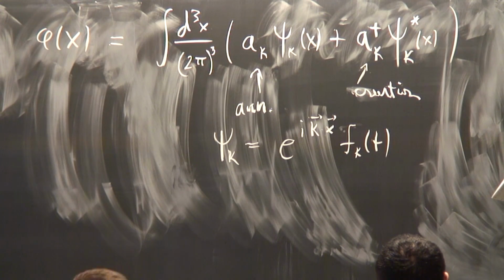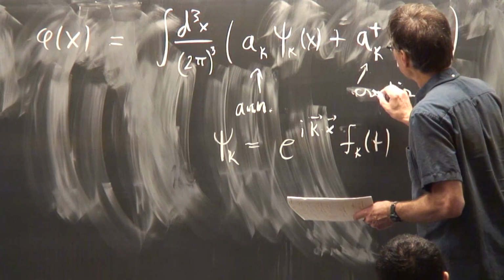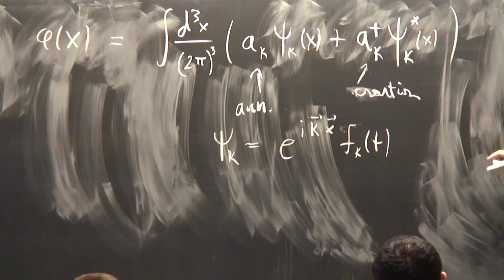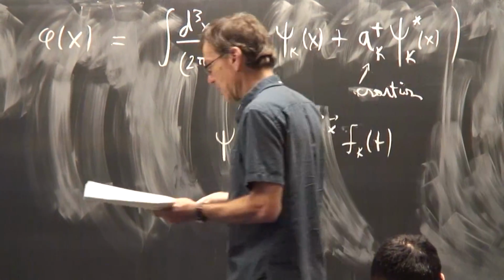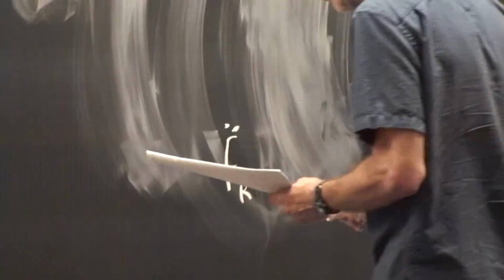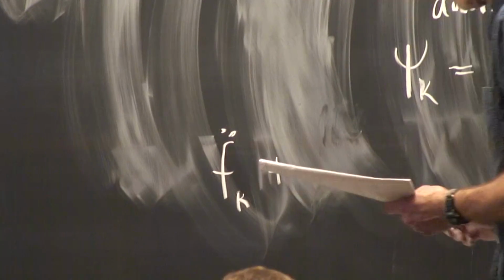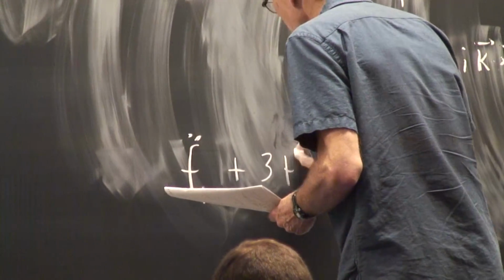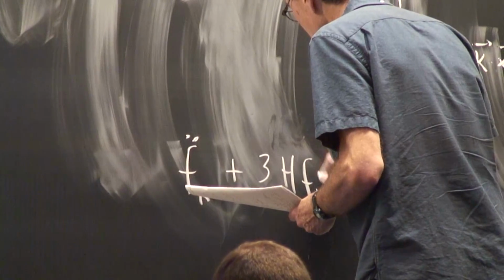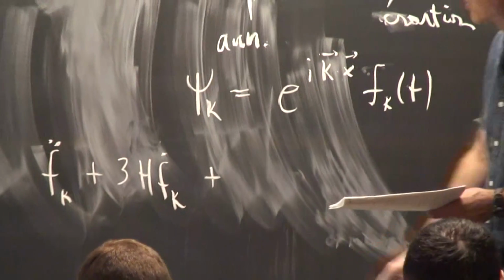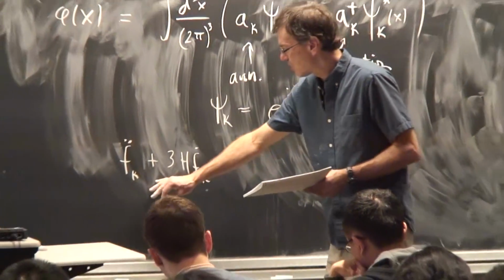This is also another exercise on my problem set, to work out the equation of motion. But I did most of it for you. The only thing that wasn't there was the part due to the gradient term in the Klein-Gordon equation. But anyway, if you plug into the Klein-Gordon equation, these two terms you recognize.